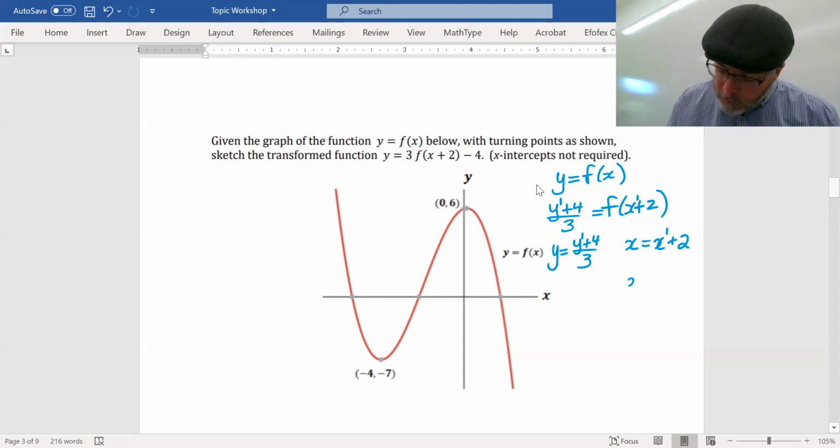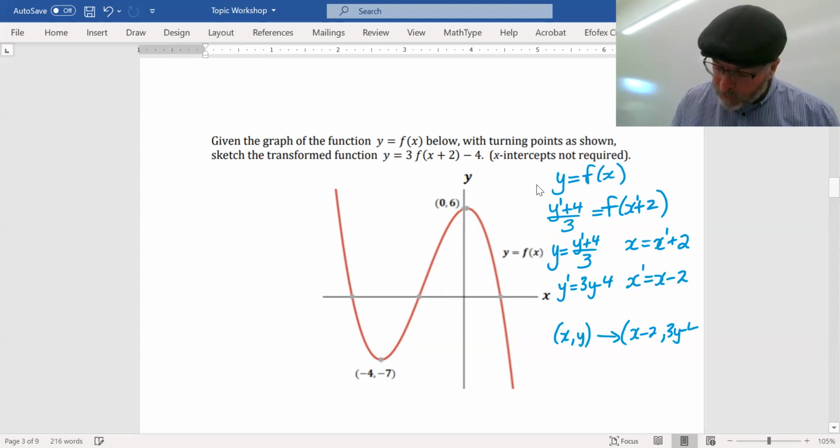So x prime is equal to x minus 2, and y prime is equal to 3y minus 4. So what I've just found is that an original point goes to the point (x minus 2, 3y minus 4), because that's what my (x prime, y prime) point is.